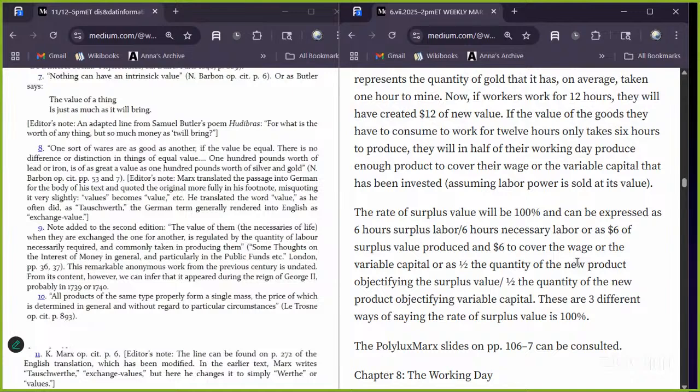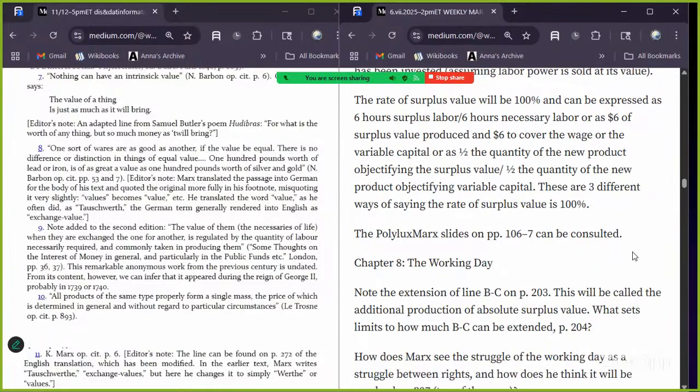Now, these are 3 different ways of saying the rate of surplus value is 100%. And this summarizes a whole bunch of stuff here. So it's necessary to look at that much more closely and also sort of put up with Marx's numbers.